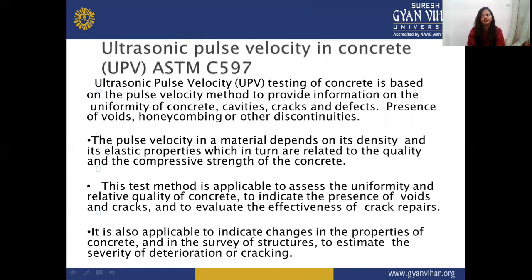Like the rebound test, which was usually done for understanding the surface hardness, ultrasonic pulse velocity can directly indicate the density of a certain structure and the presence of voids inside that structure. Ultrasonic pulse velocity testing of concrete is based on the pulse velocity method to provide information on the uniformity of concrete, cavities, cracks, and defects, the presence of voids and honeycombing or other discontinuities.